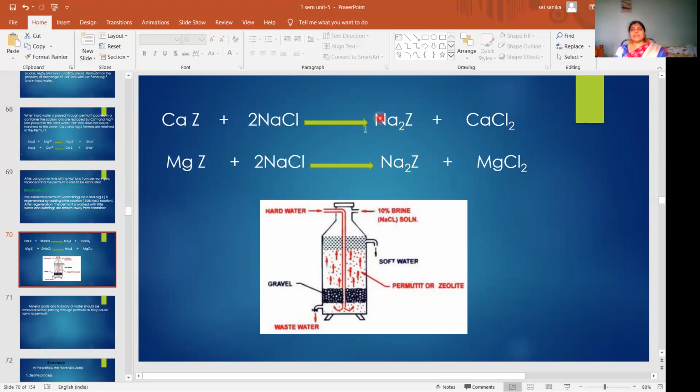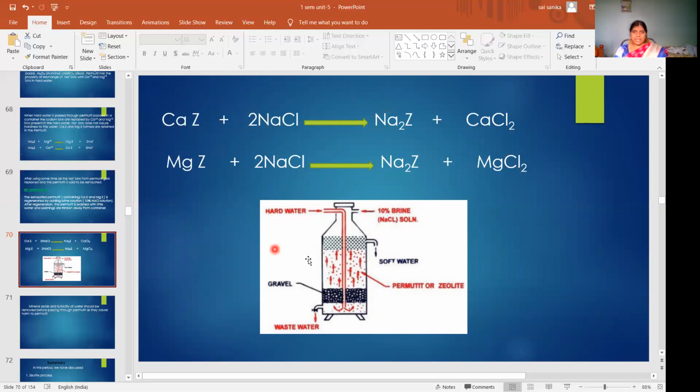So again sodium zeolite is formed and some byproducts are formed. If it is a calcium zeolite, calcium chloride will be formed by reacting with NaCl. If it is a magnesium zeolite, magnesium chloride will be formed. Here is the balanced equation: 1 mole of CaZ reacts with 2 moles of NaCl, and you get sodium zeolite and calcium chloride.